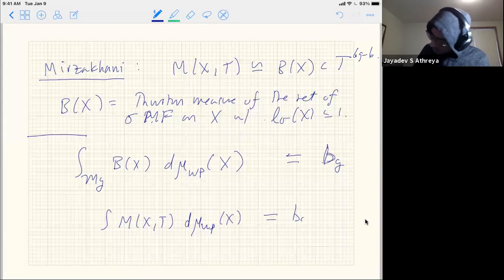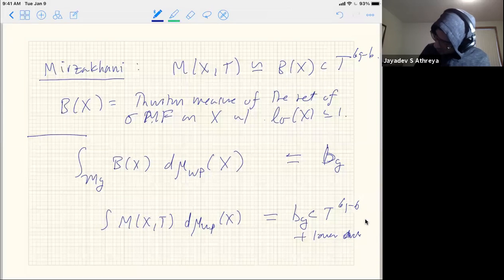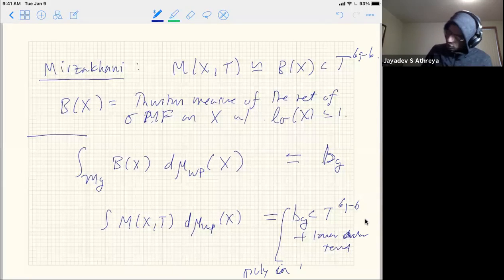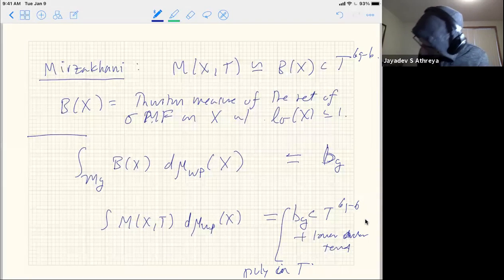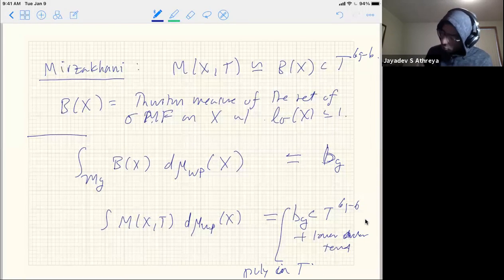You actually get this b sub g times t to the 6g minus 6 plus some lower order terms, but you get an honest to God polynomial in T, and she can compute the leading terms of this polynomial. So not only do you get asymptotics for the expectation of the counting problem, you actually get exactly what it is. It's really a remarkable piece of work.